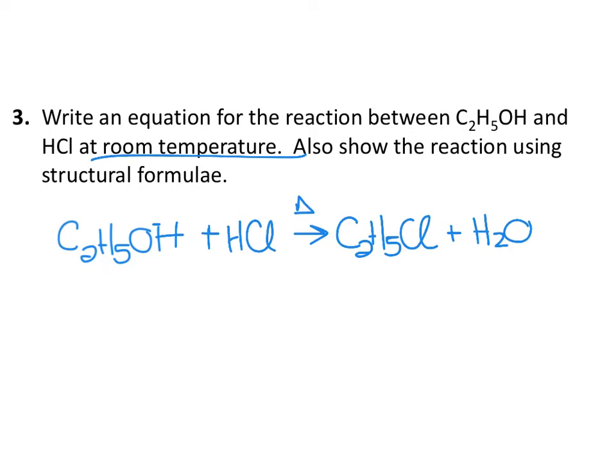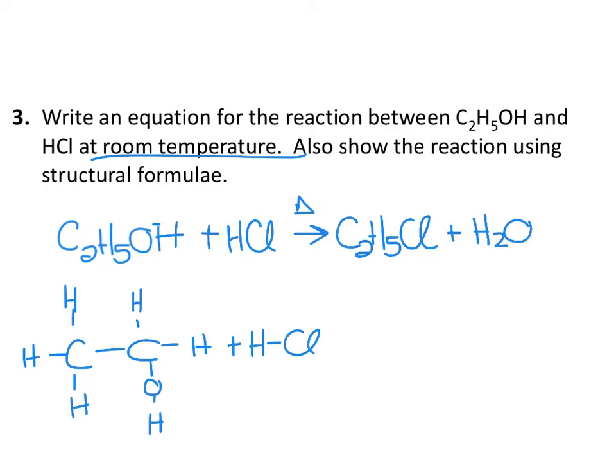All right. Now they also want this as a structural formula. So C2H5, there's 3 of them. There's the OH. All right. What does that give us? It doesn't actually matter where you would have put the OH, because it's the same thing wherever you put it in this case.